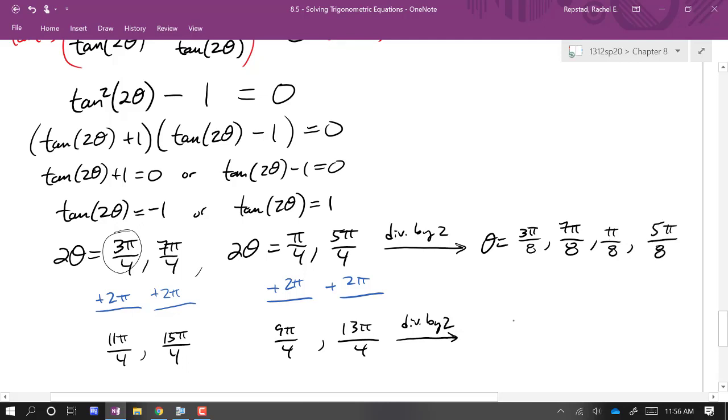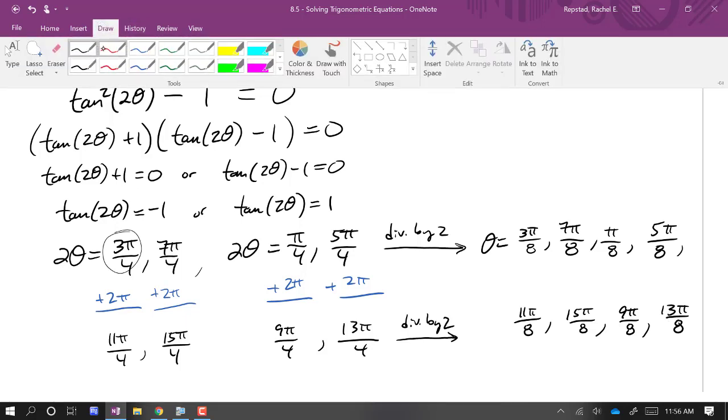And down here, we get 11 pi over 8, 15 pi over 8, 9 pi over 8, and 13 pi over 8. So there are 8 solutions for this equation in theta.